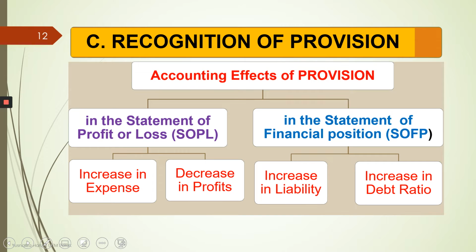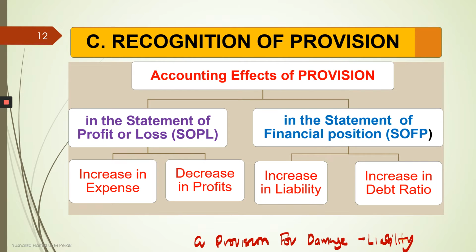Next, recognition of provision. So when you recognize a provision, normally there is an effect to the debit, credit, or accounting effect of a provision. So if you look in the SOPL, if you recognize a provision, we say it's a liability, right? So you are going to credit a liability, and that liability is called provision. Let's say just now was provision for damage. Remember the damage done to the seawater. And this is a liability, right? So let's say the amount is 100,000.